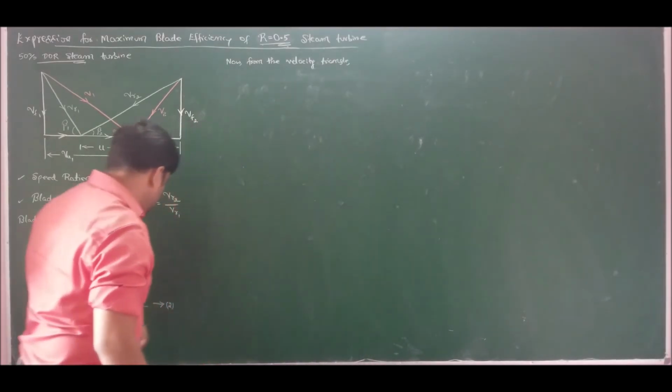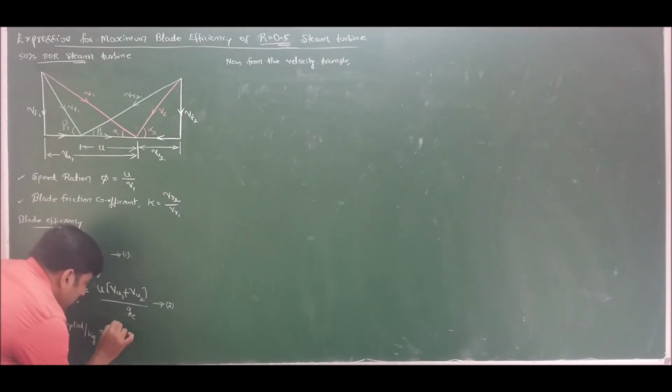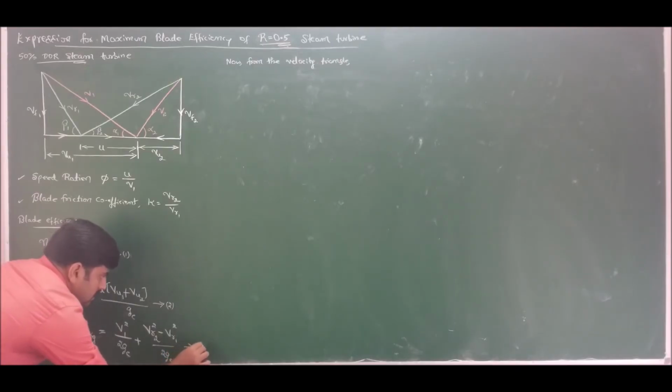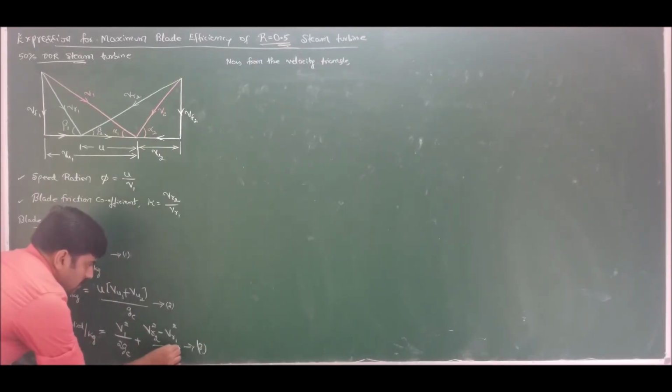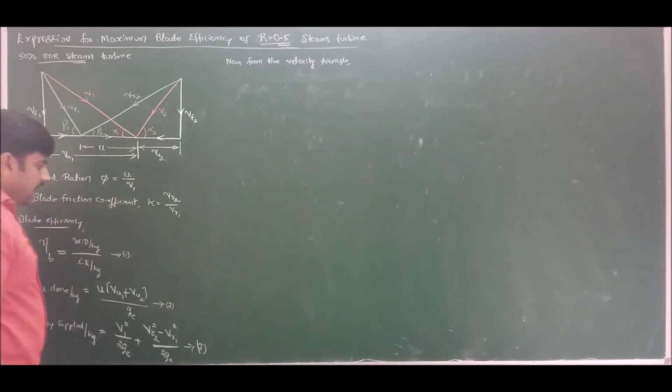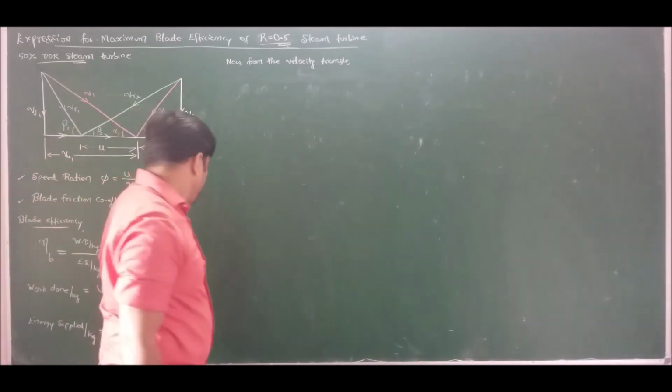Therefore, energy supplied per kg should be V1 square by 2gc plus VR2 square minus VR1 square by 2gc. Take this as equation number 3. This is the energy supplied equation for reaction turbines.